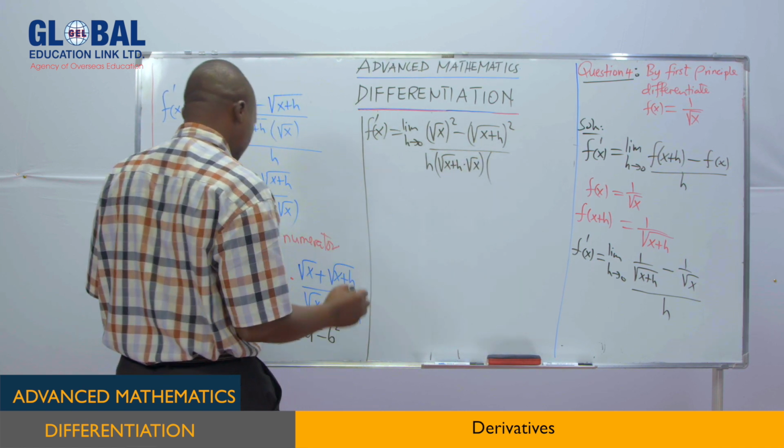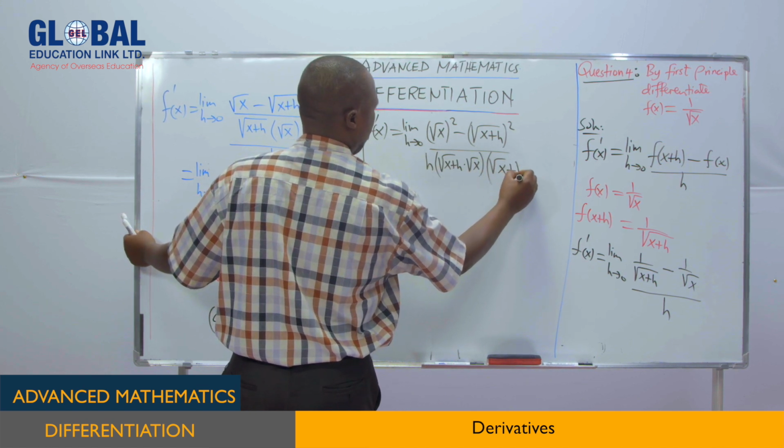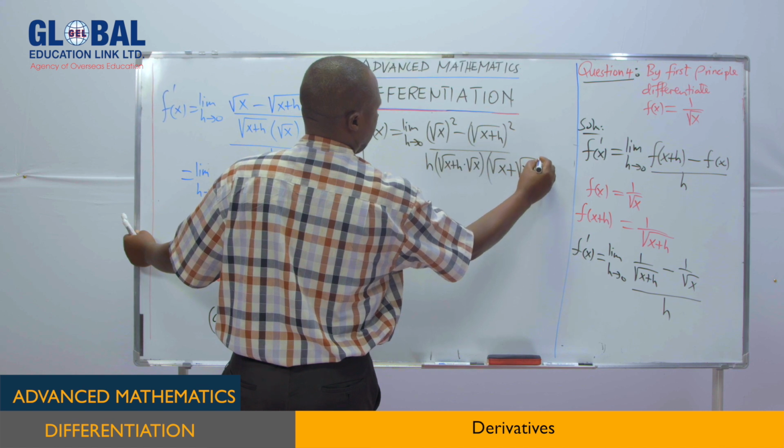But again, this one times the square root of x plus the square root of x plus h.